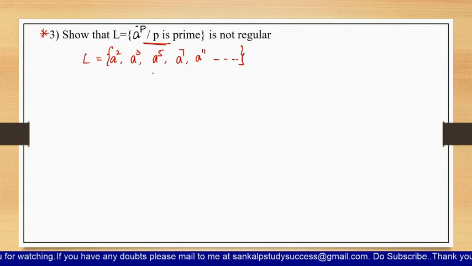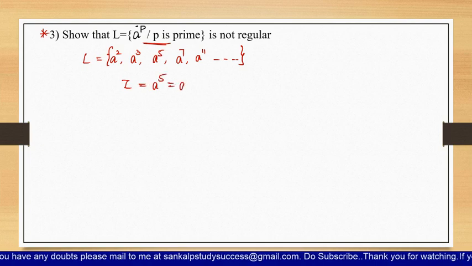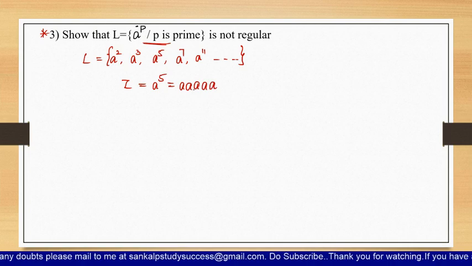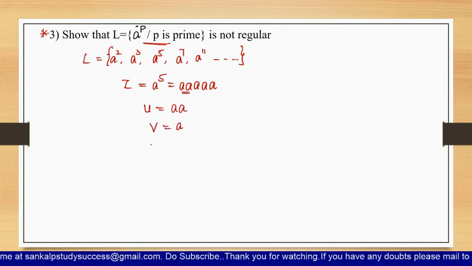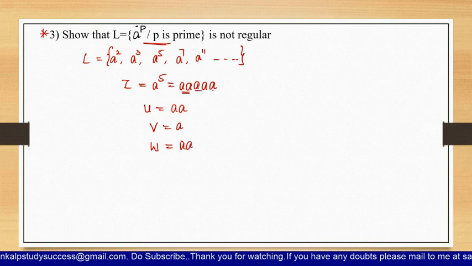So now let us take any one of the strings as z. Let us take z is equal to a to the power of 5. That means 5 a's. Now let us decompose this z into u, v and w. Here let me consider u as the first 2 a's, v as a single a and w as the last 2 a's.